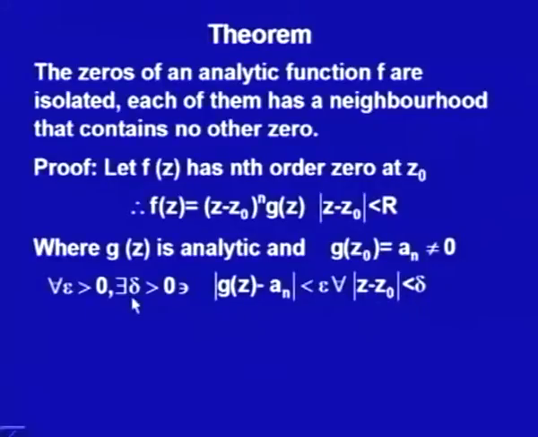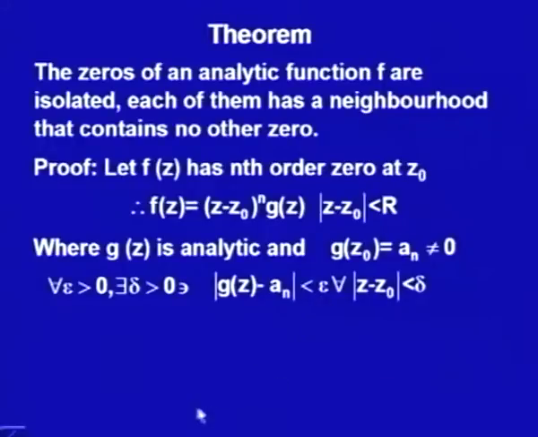So, I have taken a delta neighborhood, because g is analytic everywhere, so at z₀ also it is analytic. Analytic means that it is continuous at z₀. So, by the definition of continuity, if I take any delta neighborhood of z₀, the difference of g(z) with g(z₀), that is aₙ, would always be less than epsilon.